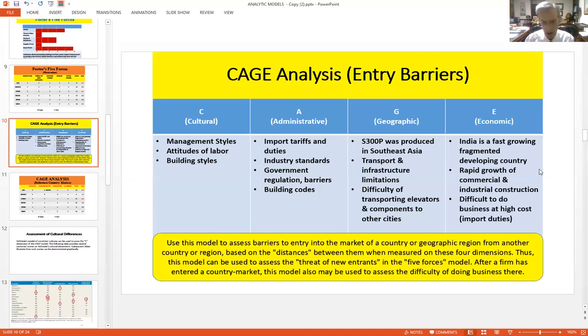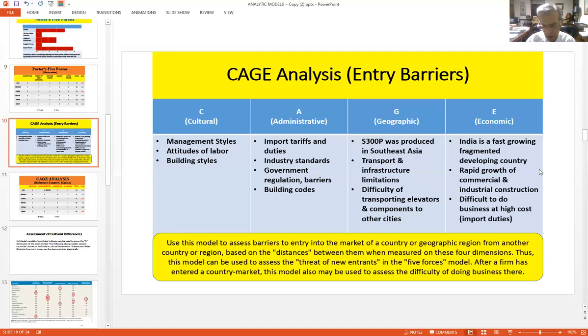So cultural pretty much stands for itself. I've put some ideas about the kind of concern. I think this was a case where the team was looking at a producer of elevators in Europe that was planning to form a subsidiary in India.